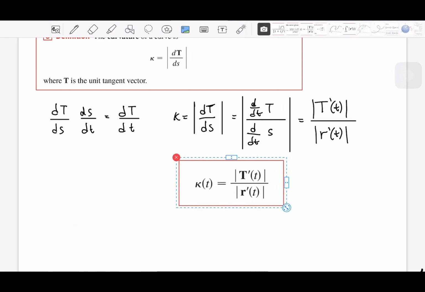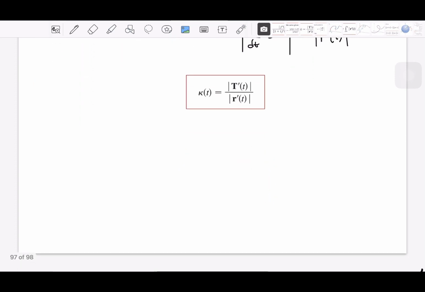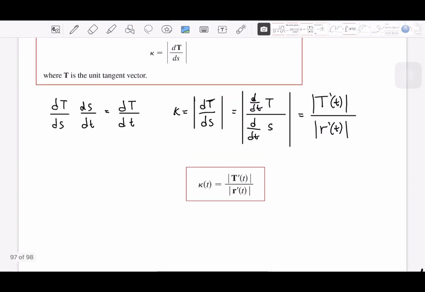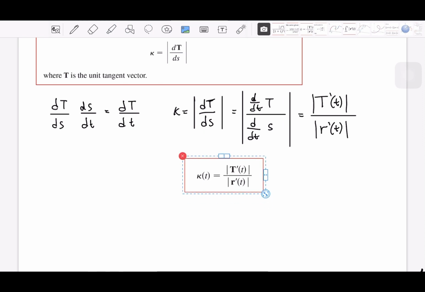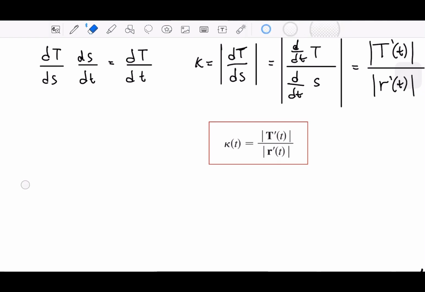This is the conclusions. Okay, for using these expressions, let's say we have an example that we have the r, and this is going to be a circle.